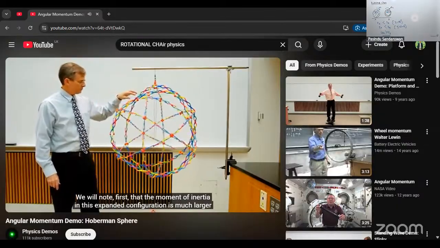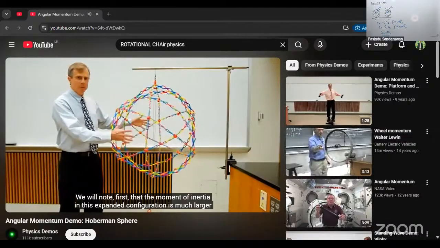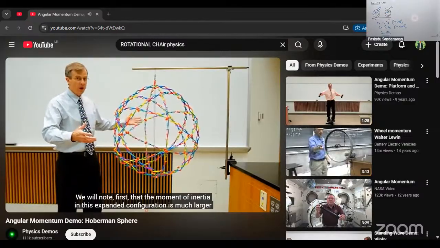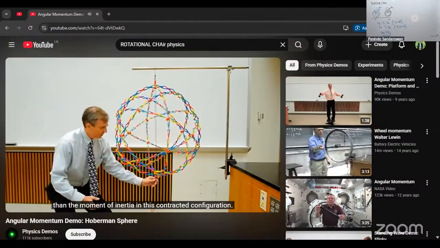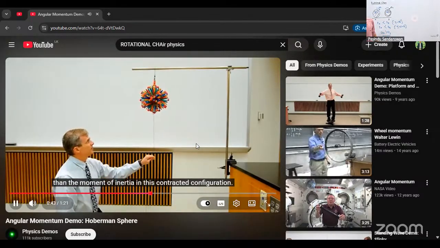We will note first that the moment of inertia in this expanded configuration is much larger than the moment of inertia in this contracted configuration.